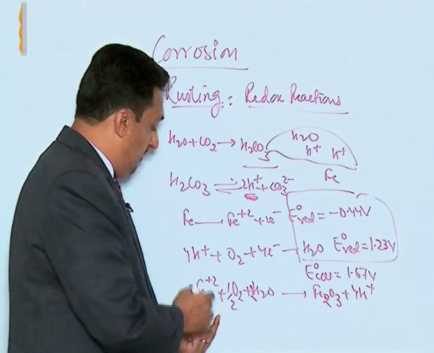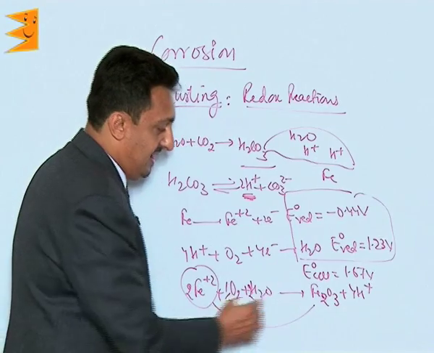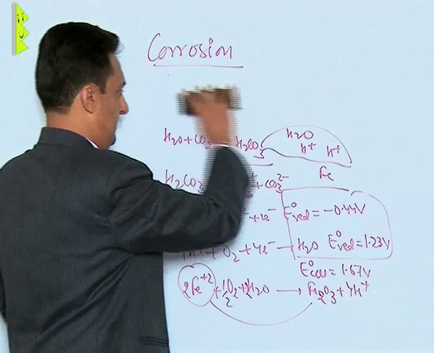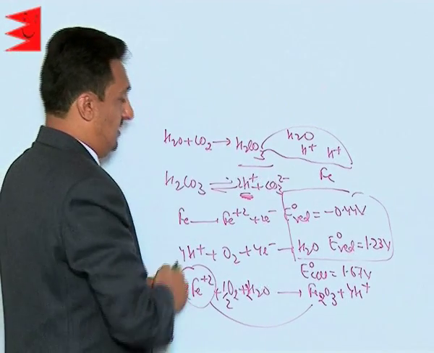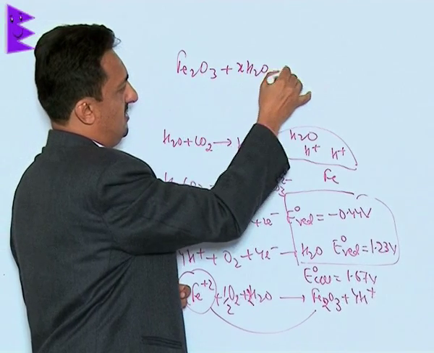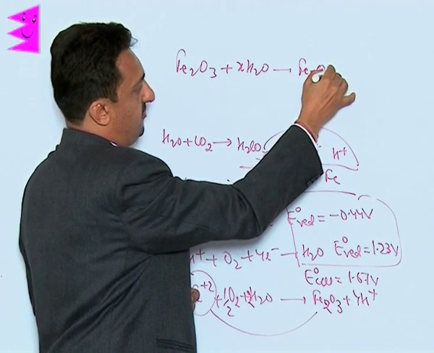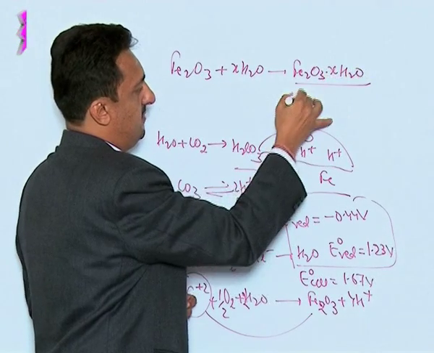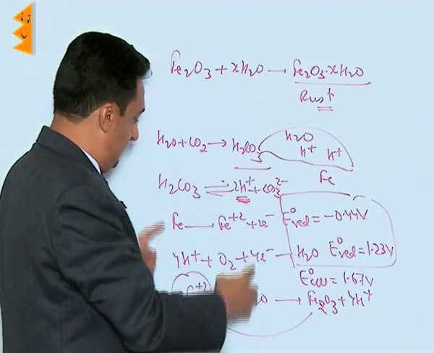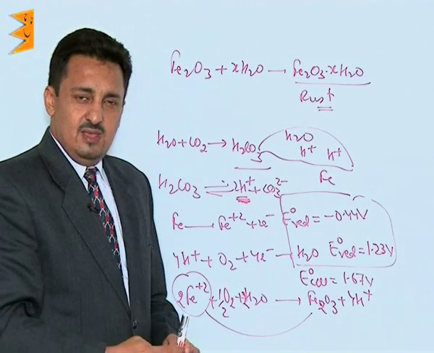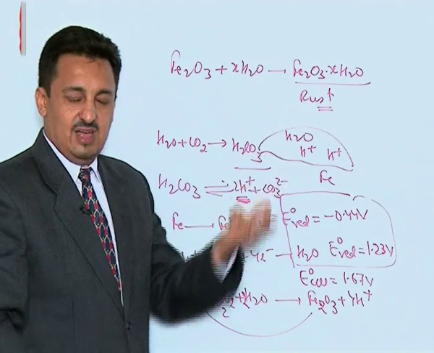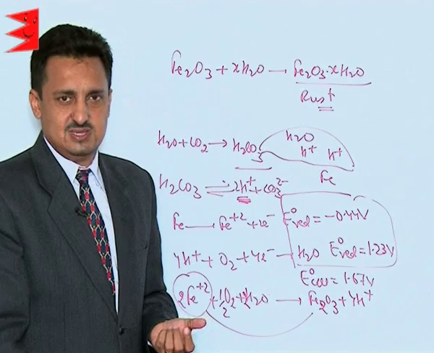So the ferrous ions get further oxidized to ferric ions, and then these ferric ions combine with water to form Fe2O3.XH2O, which is your rust. So this is the whole complete 6-step rusting of iron, due to which iron gets converted to its hydroxide, in the form of rust.